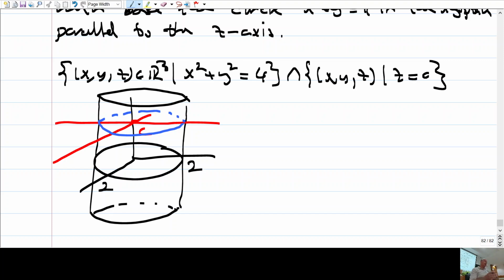But lifted c units above the xy plane. So each section of the surface with a plane parallel to the xy plane is the same circle basically. Therefore, this should be a right cylinder. Okay.